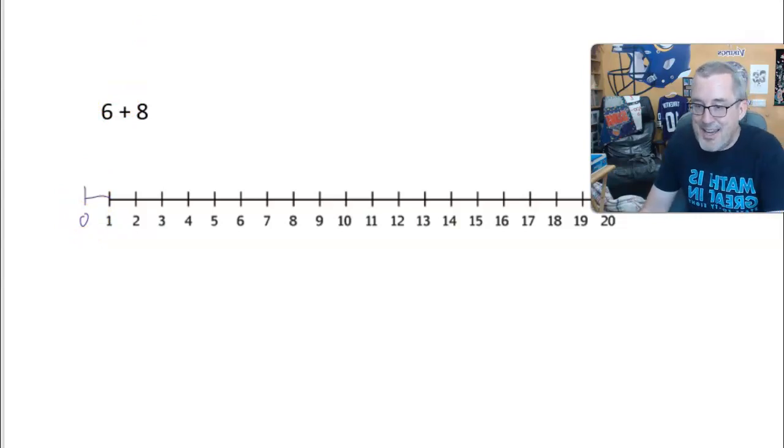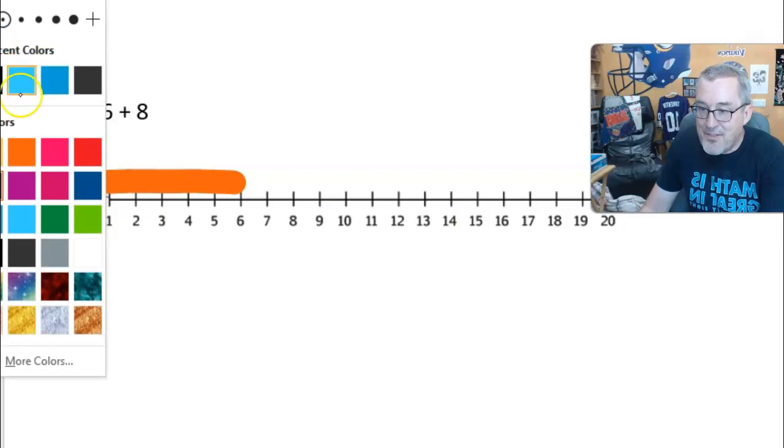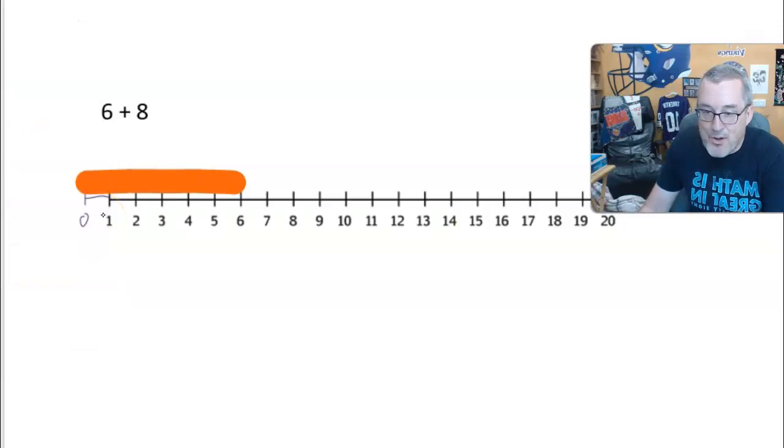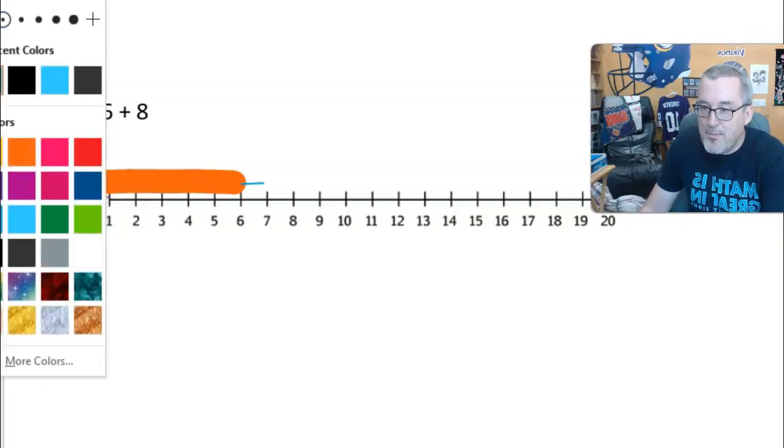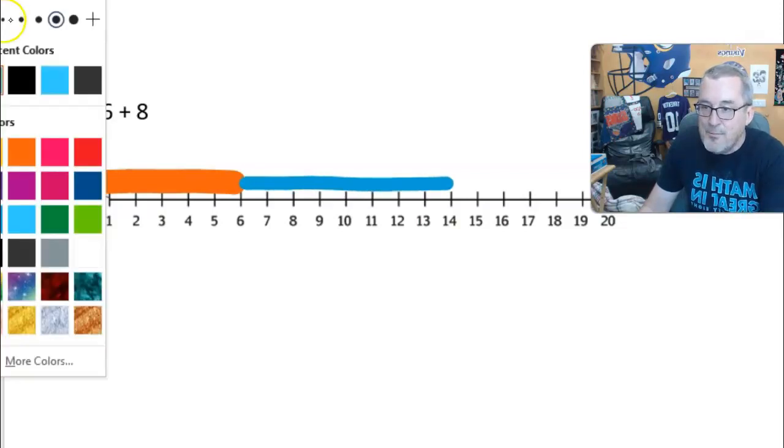So 6 plus 8. 6 is really this distance from 0 to 6. That big old orange thing is a 6. And if I add on 8, that is, if I combine 8 more units, I want to make that thicker. If I combine on 8 more units, 1, 2, 3, 4, 5, 6, 7, 8, I can see the result of 14.